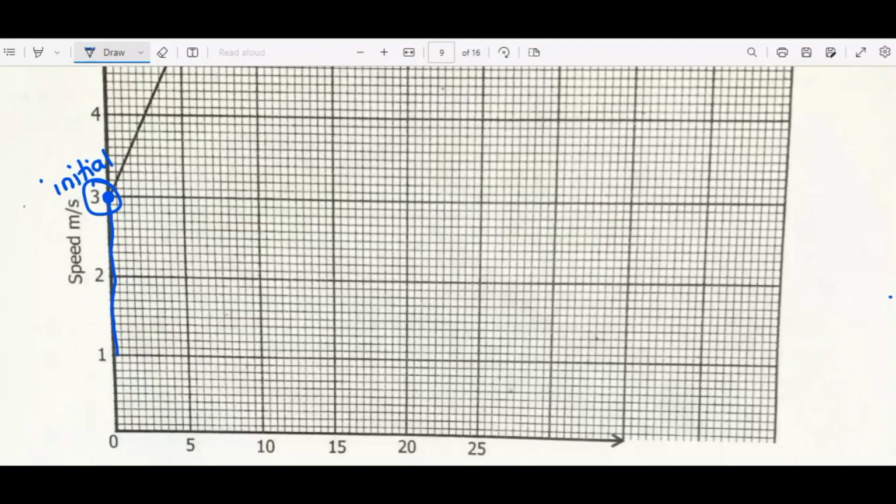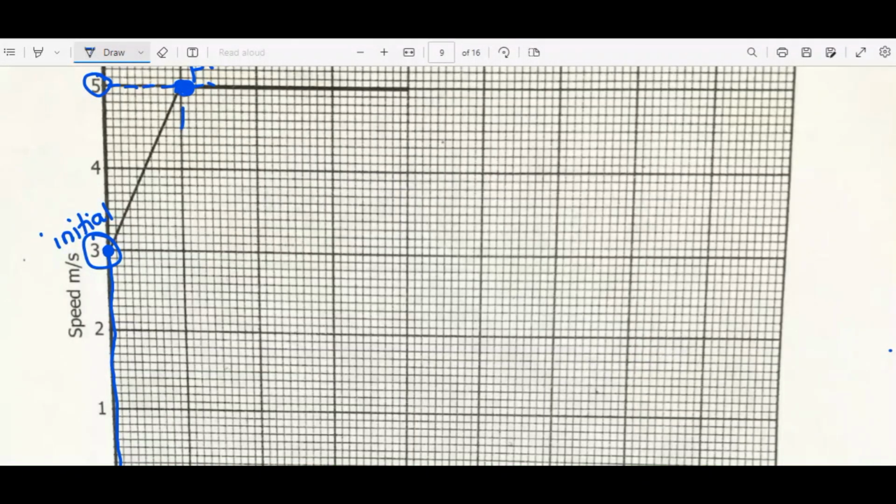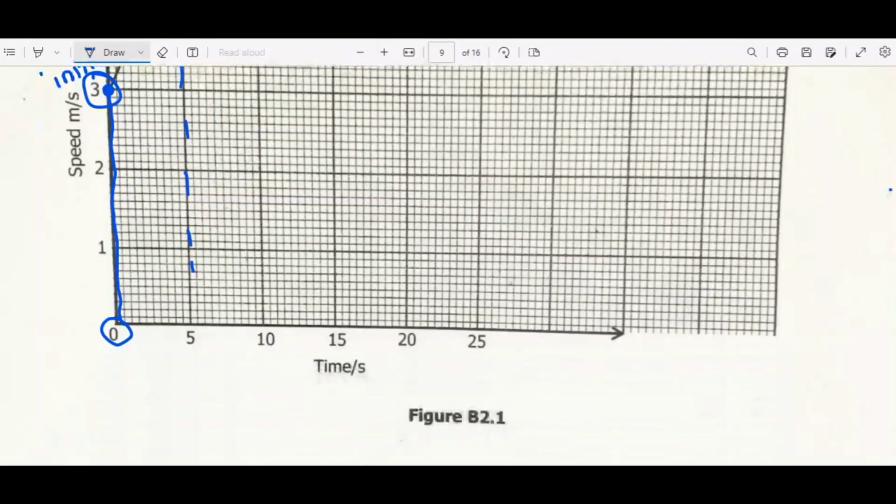If we go down, this is 0. Then where is our final? So this is our final. So we're going to draw a vertical dotted line. We are cutting the x-axis at 5. So it simply means that from 3 meters per second to 5 meters per second took 5 seconds. So that's our time.